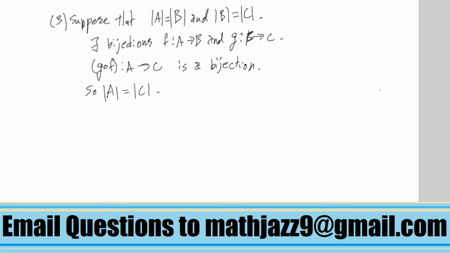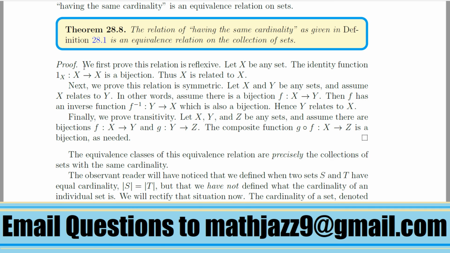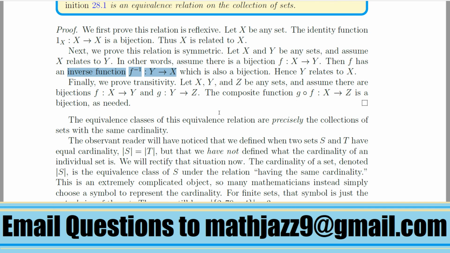So let us go back to our book and take a look at what our proof is. See how we did. We proved this relation is reflexive: the identity function is the bijection. Done. Proof symmetric: we take the inverse function of our bijection. We get another bijection, and we're done.